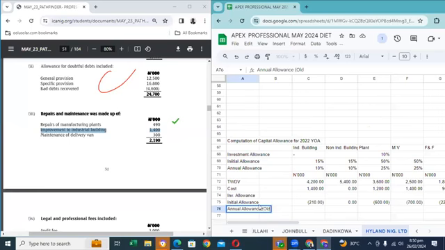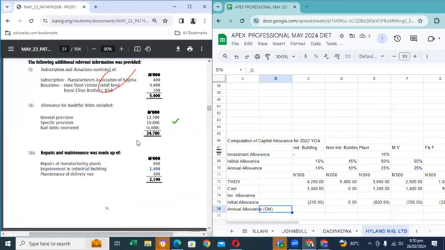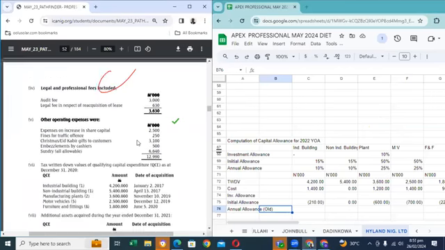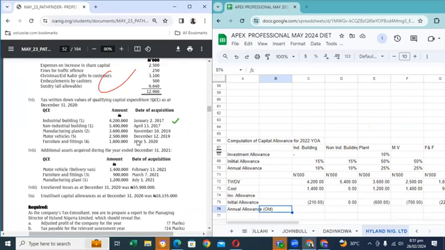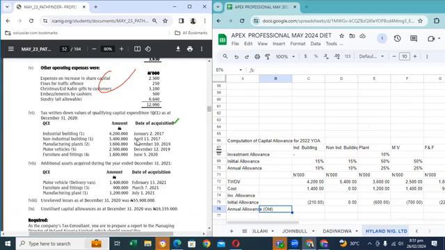So annual allowance of the old asset. Like we said, you have to be careful when the asset is purchased, because when the asset is purchased, we determine the number of years remaining for the asset. So motor vehicle was purchased in 2017, so it became applicable in 2018 year of assessment. So you have 18, 19, 20, 21.